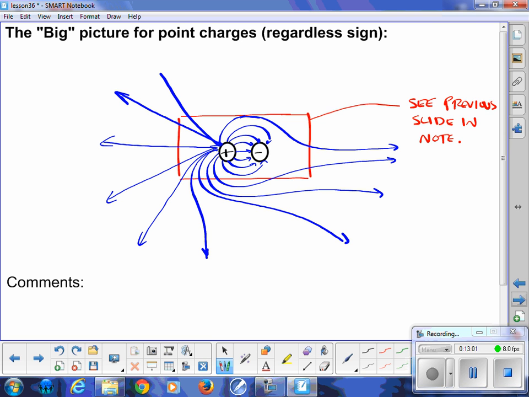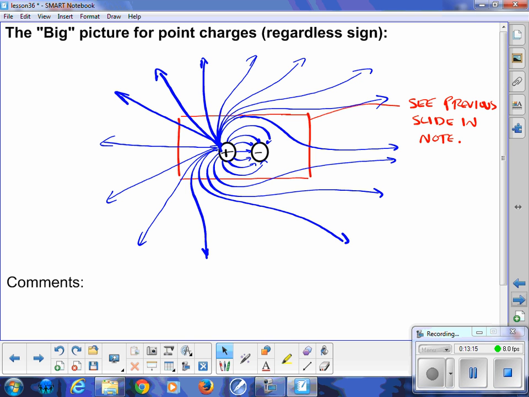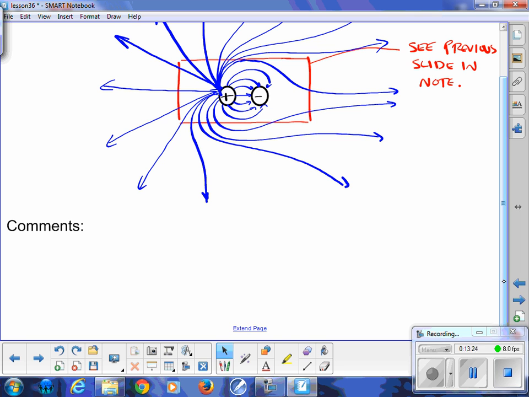And I'm going to show you the internet app that illustrates this much better. Because that force of attraction is not enough, as you zoom out further and further, this big picture, regardless whether you have two positives, two negatives, or opposite signs, starts to take on the image of a point charge.